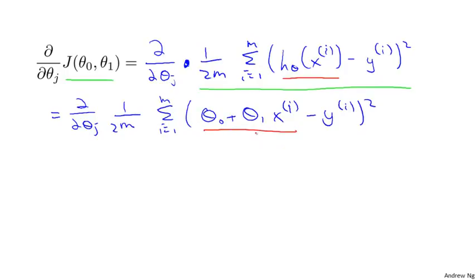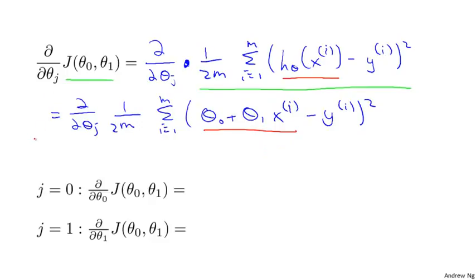And we need to figure out this partial derivative for two cases, for j equals 0 and for j equals 1. So we want the partial derivative for both the theta 0 case and the theta 1 case. I'm just going to write out the answers.